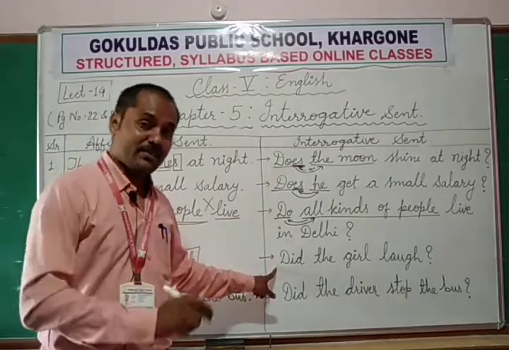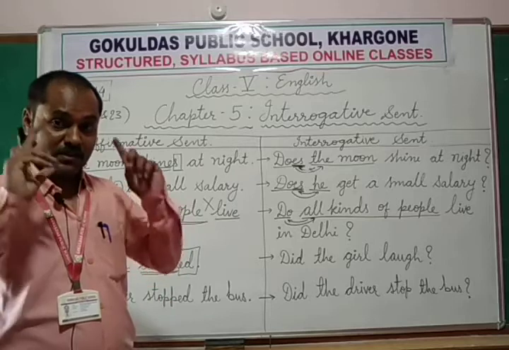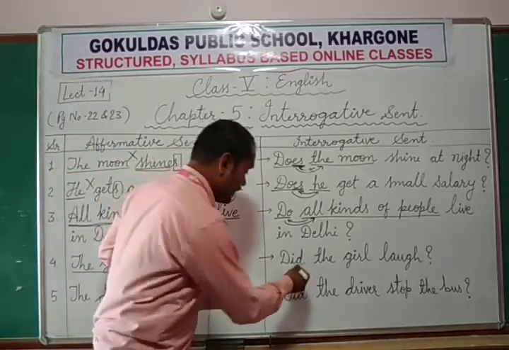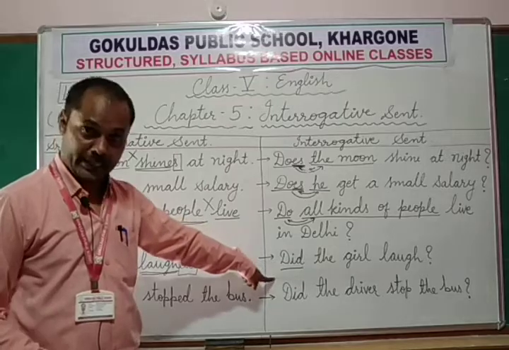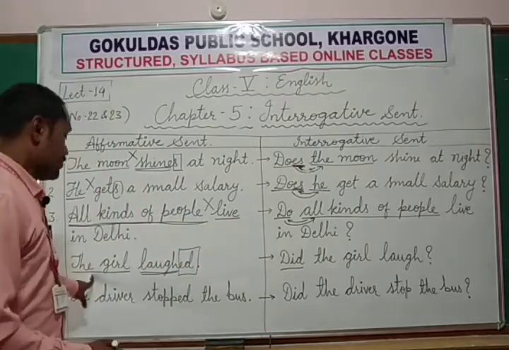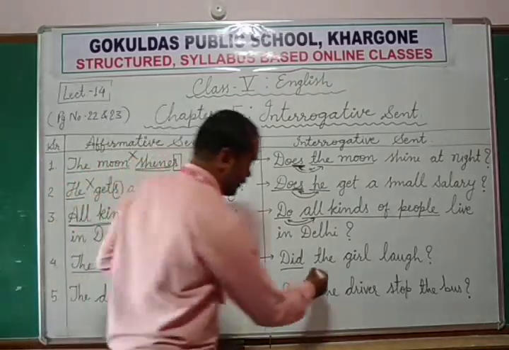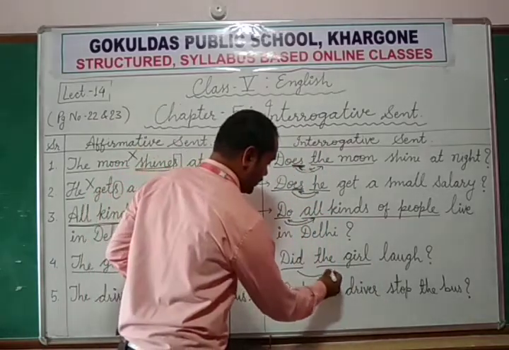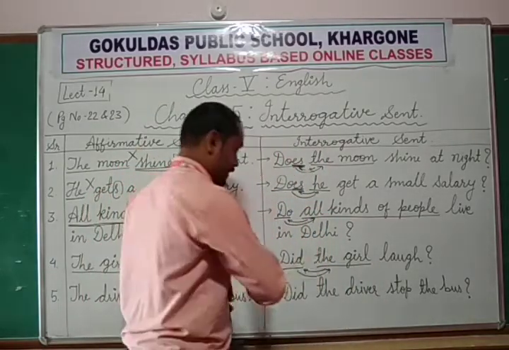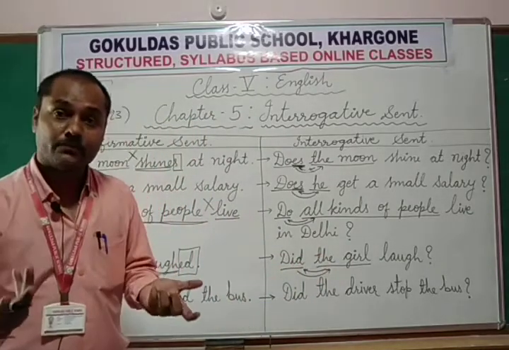Now in past simple tense, we know the helping verb is did. Not do or does, but did. Did, and the subject is the girl. Now exchange the places. Did the girl? Now it becomes a question.